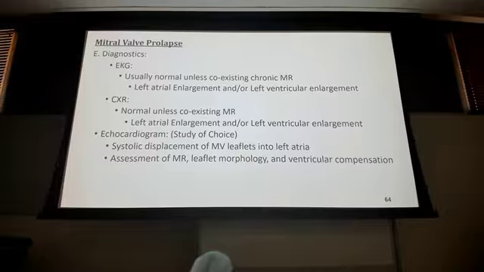Same goes with chest x-ray. For the most part, asymptomatic. If that mitral regurg is bad enough, then yes, that could translate to pulmonary findings, but that's not very common or not necessarily something you'll see with everybody with mitral valve prolapse.